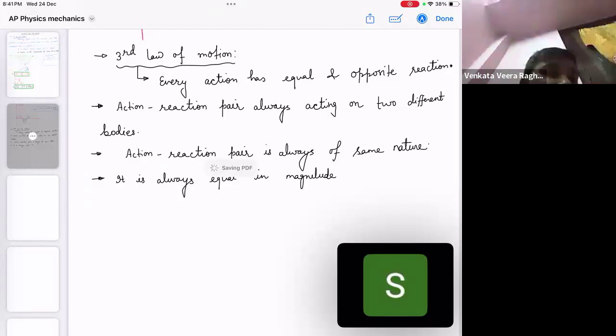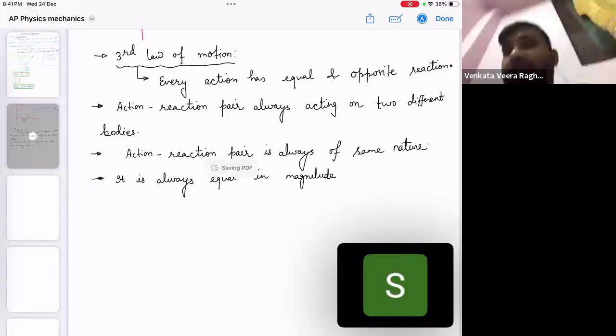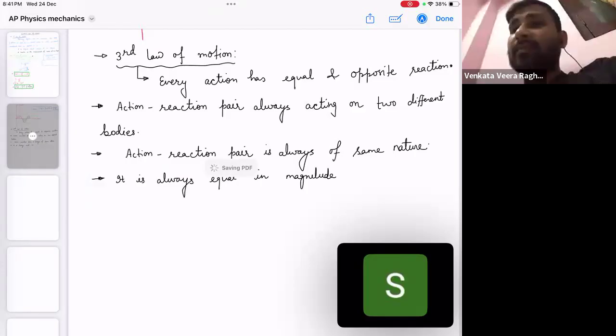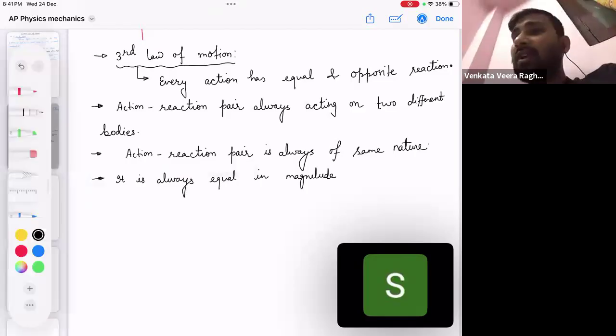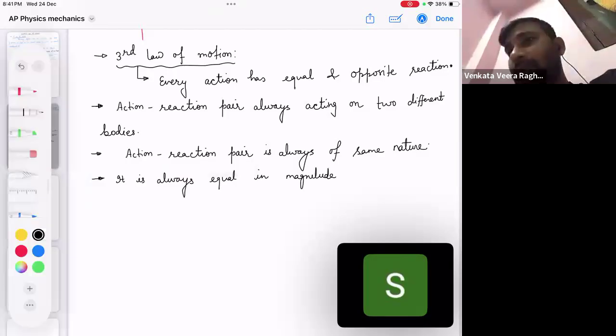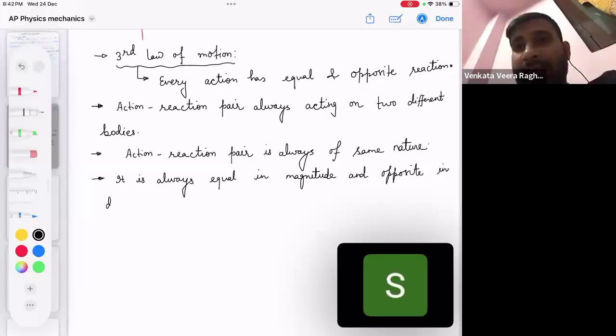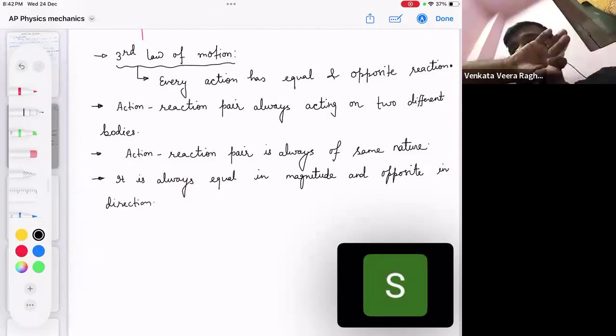Opposite in direction. The action reaction pair of forces is always equal in magnitude and opposite in direction. Understood?